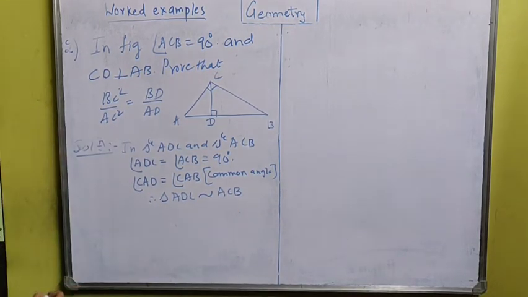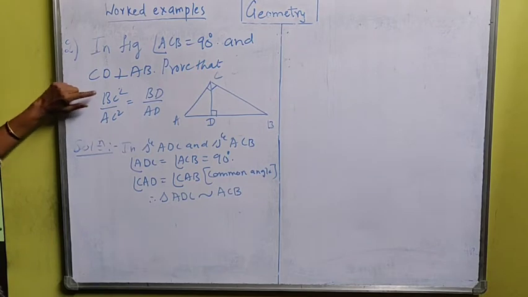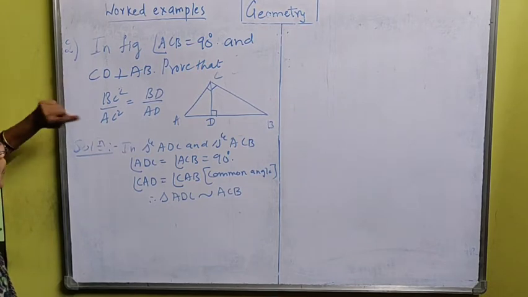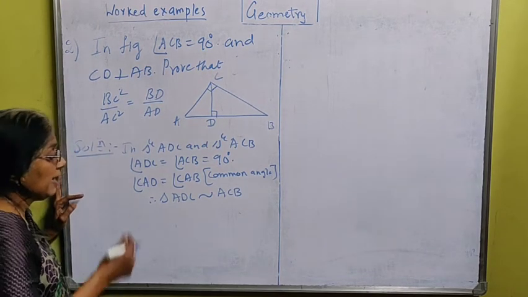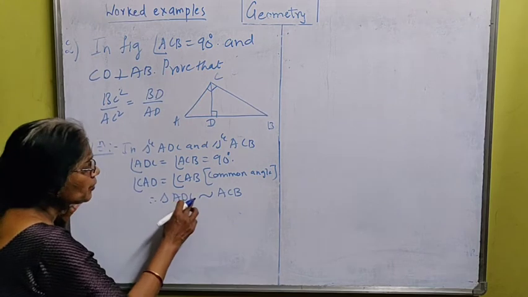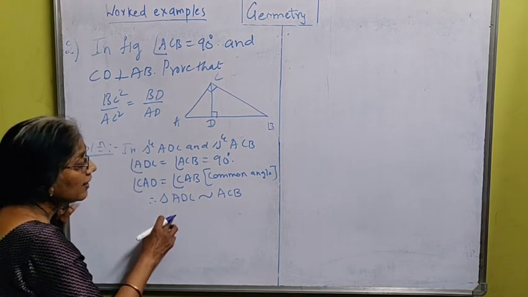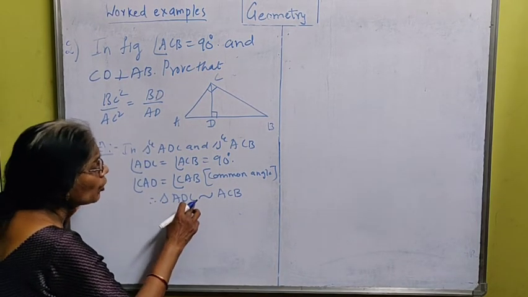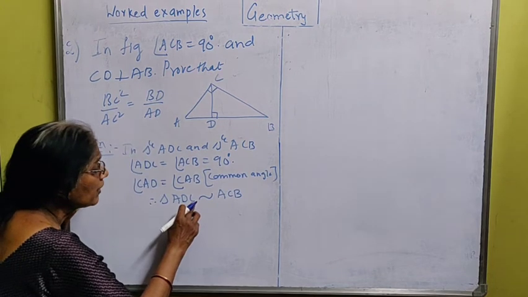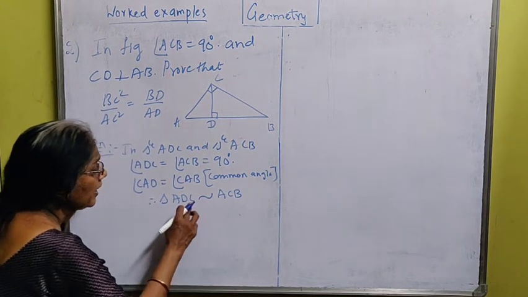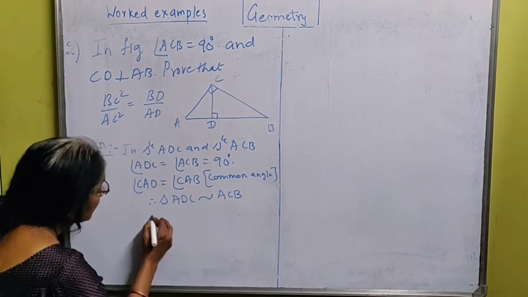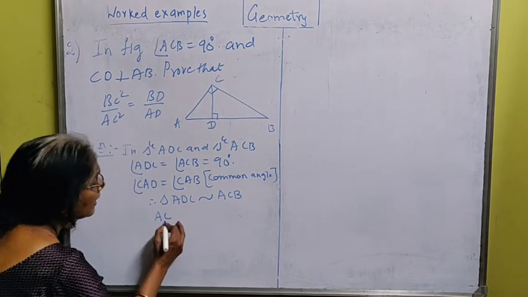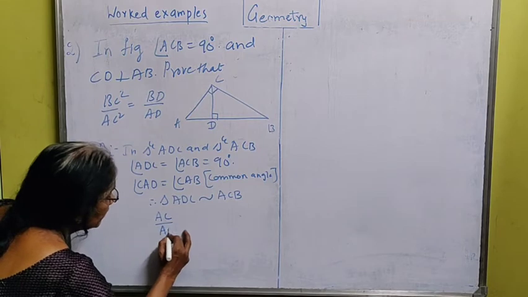I want AC square and I want BC square. So AC square I want to find out. AC should come in the numerator. So if I take AC over here, what will be over here? A corresponds to A, C corresponds to B. So AC by AB is equal to.